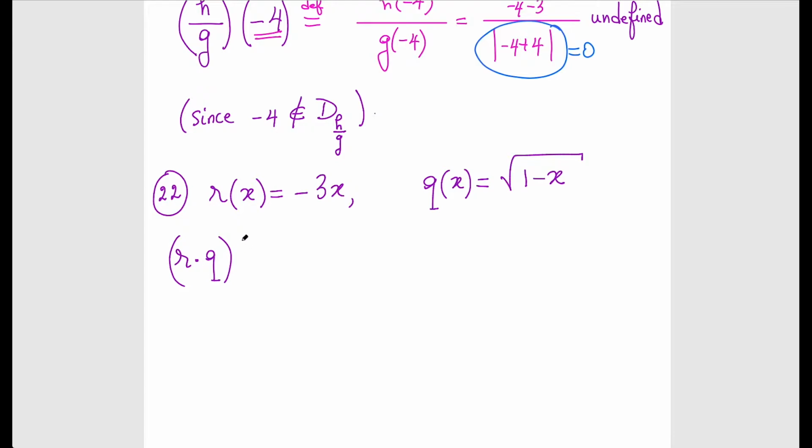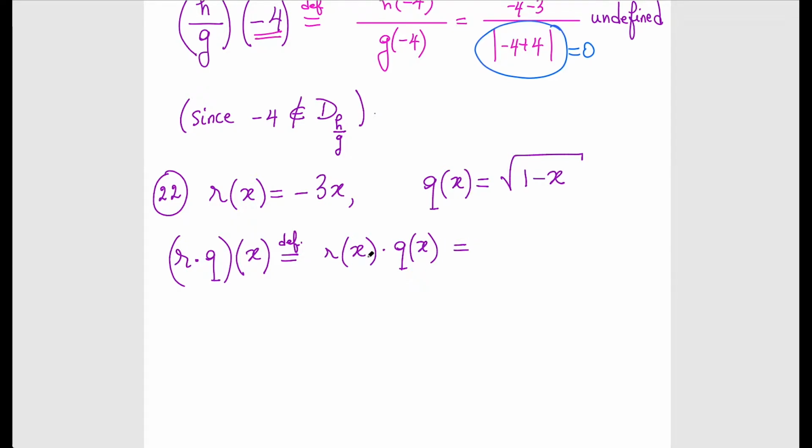So r times q acting at x, right? To understand how this function operates, I have to plug in something and see the recipe of the output. By definition, this product function operates as the product of the respective outputs. So r of x times q of x, right? These numbers get multiplied, and that's going to be the output of this function.